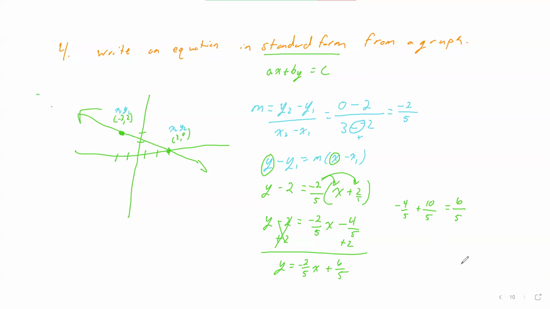All right, now I would love to say we're done there. But what makes this question a little bit harder is we have to write it in this form. So this one is a two-step process to go from slope-intercept to standard form. So step one, let's do a different color. Move the x back over.